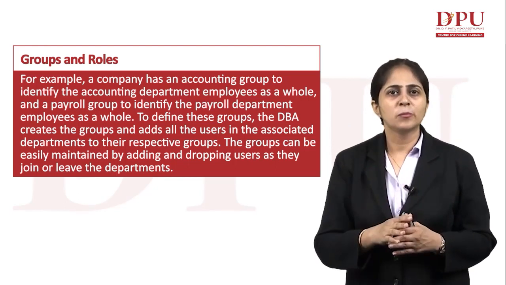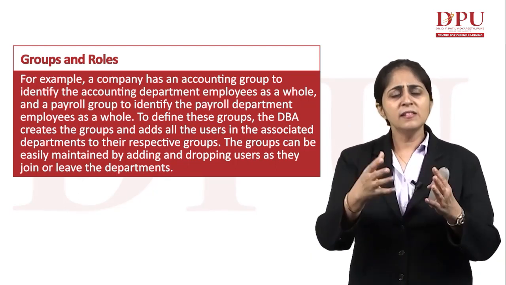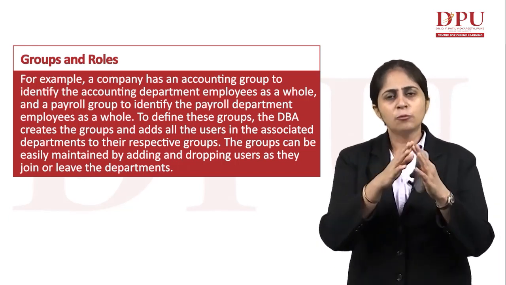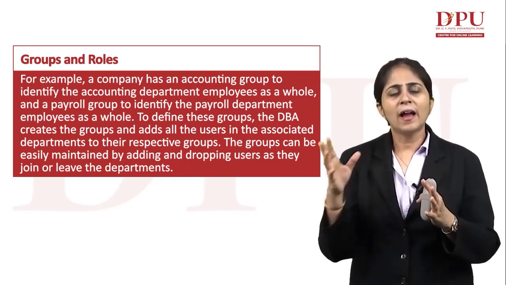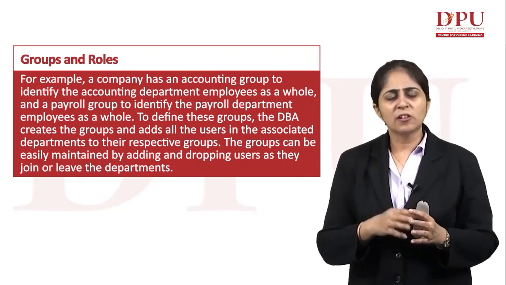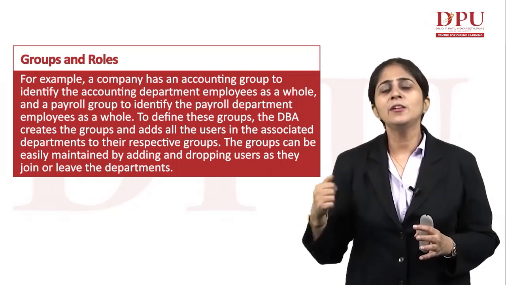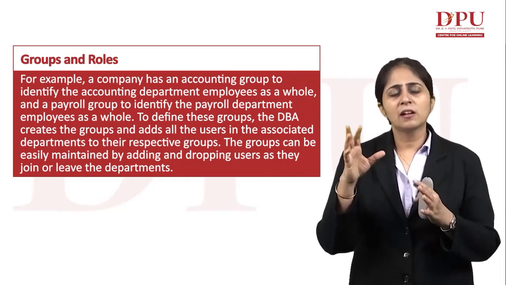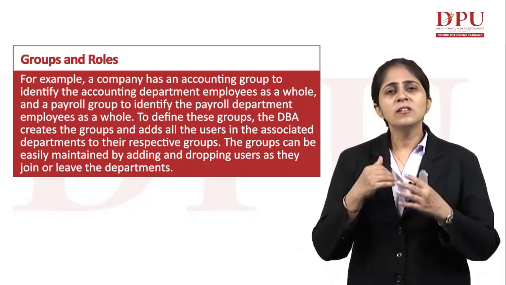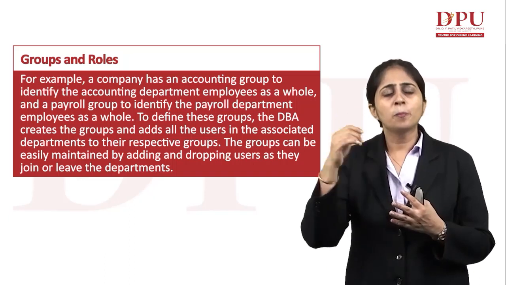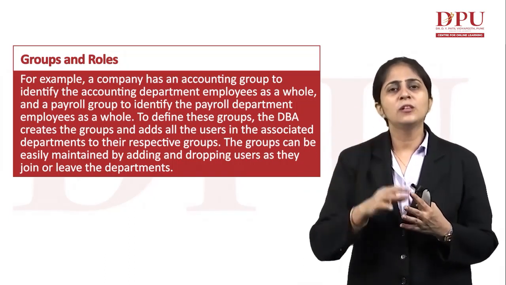Since they would require the same access to the files, they would be allocated a particular group and allowed to access all the resources. The access permission is not given to individual people, because there are a number of people working in the organization and different departments, so it becomes difficult for the administrator to provide access permission to each individual user.